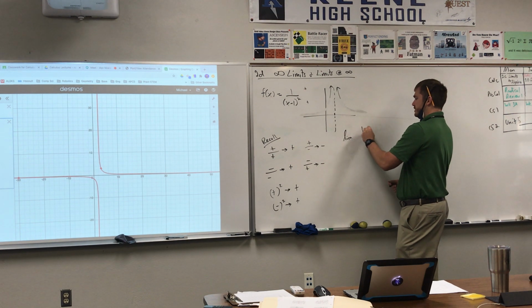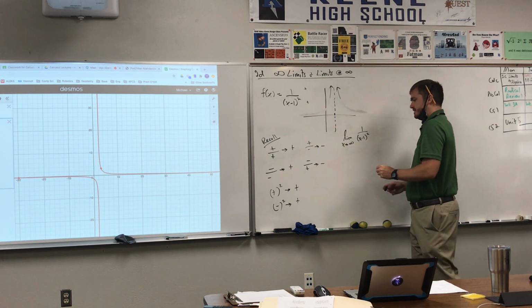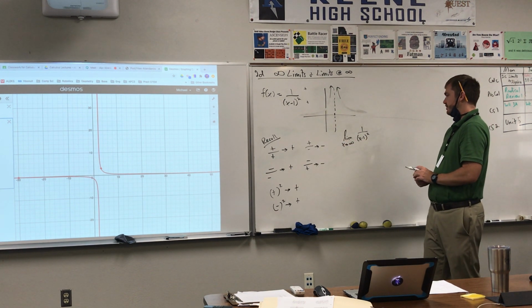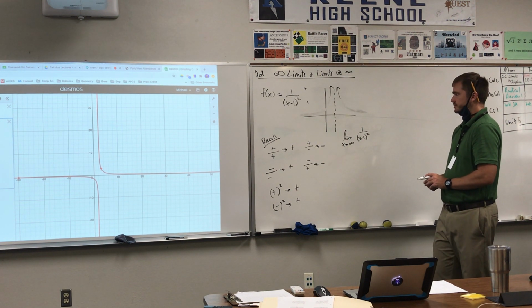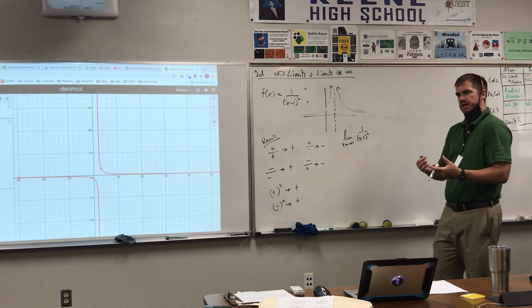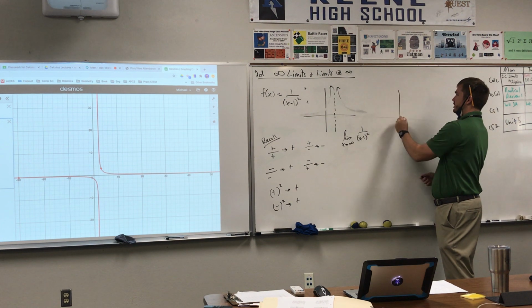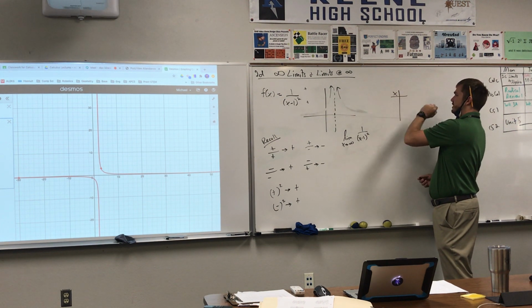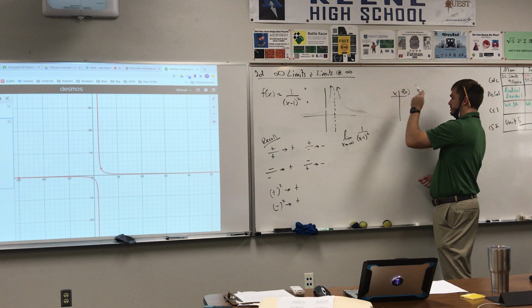I'm actually going to write this whole thing down: the limit of 1 over (x minus 1) squared as x approaches infinity. And we're going to notice a trend here, so we'll make our own little table of x values and our f of x values.